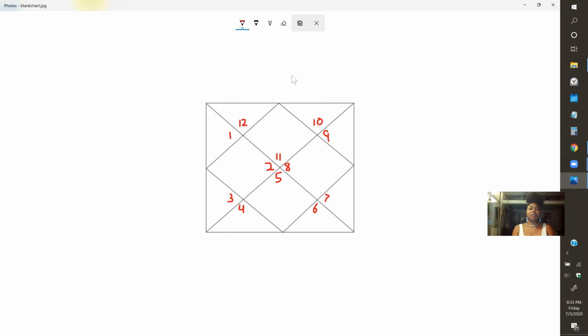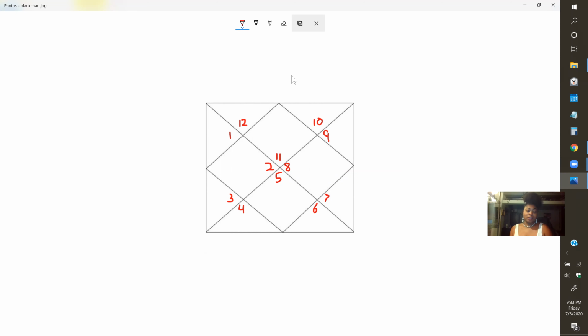So you are looking at the way that the signs are placed in my chart as an Aquarius rising. I am not going to use the abbreviations for the signs because in this video I'm going to be placing planets in these squares.